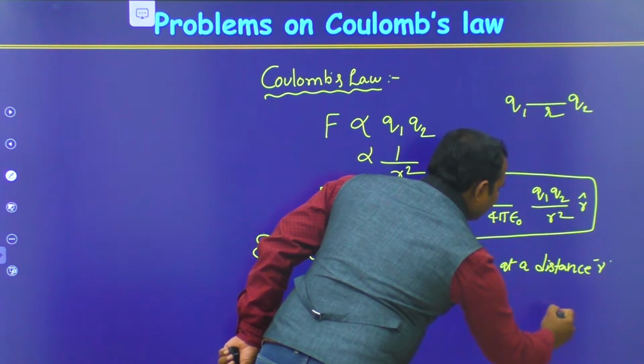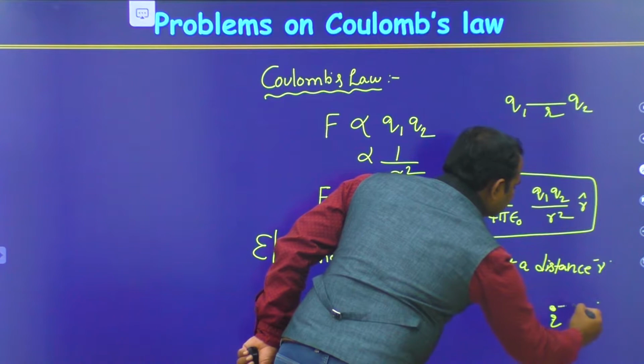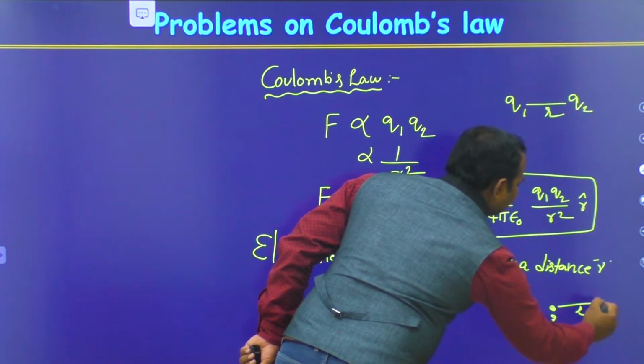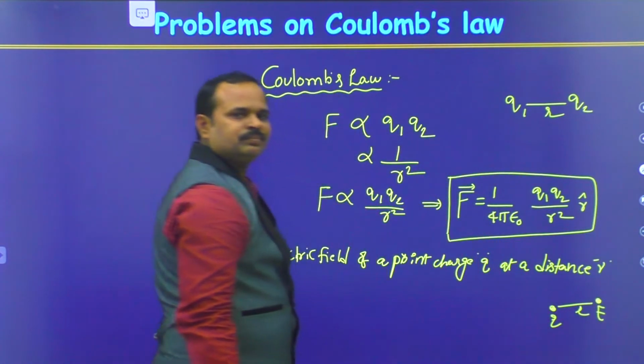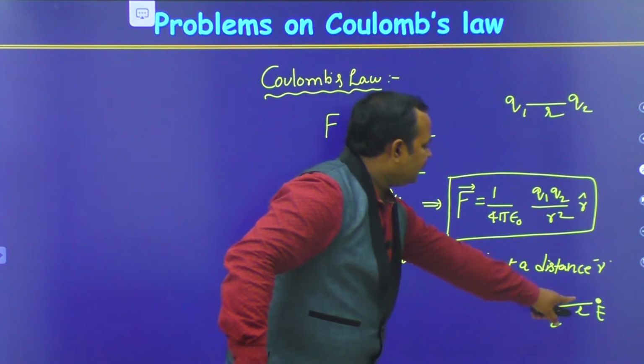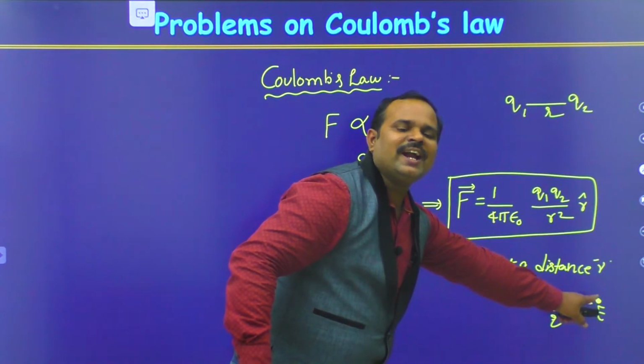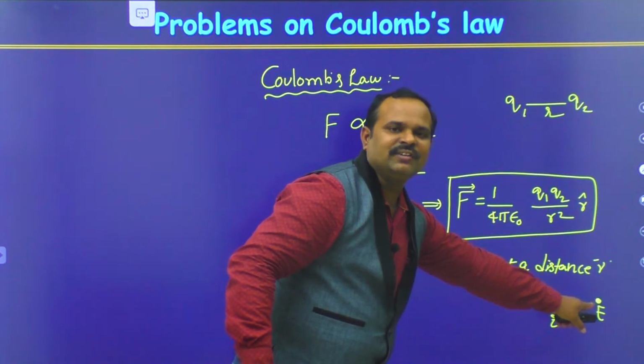That means we have a point charge q. If you want to find the electric field at this distance r, what is the electric field? The electric field is defined as the force experienced by a unit positive charge at that point, called electric field intensity.